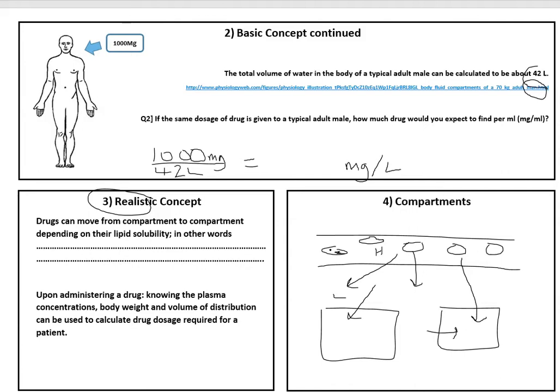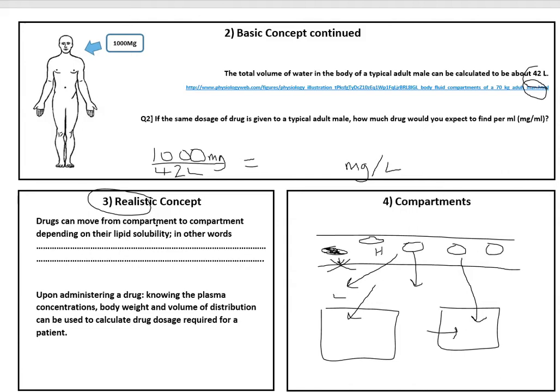However, some drugs will be potentially larger, potentially more lipid insoluble, and can't quite find their way directly through the cell membrane. And so this is where we have to come into a little bit more complicated maths.